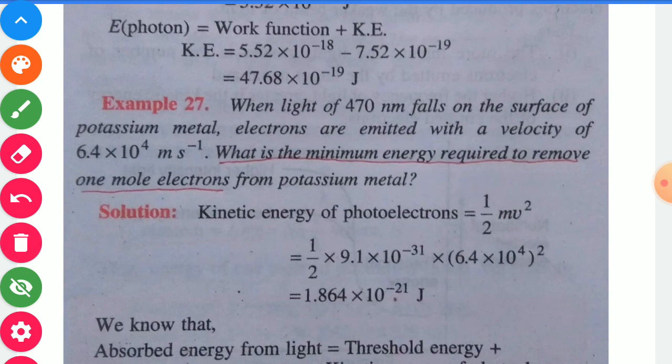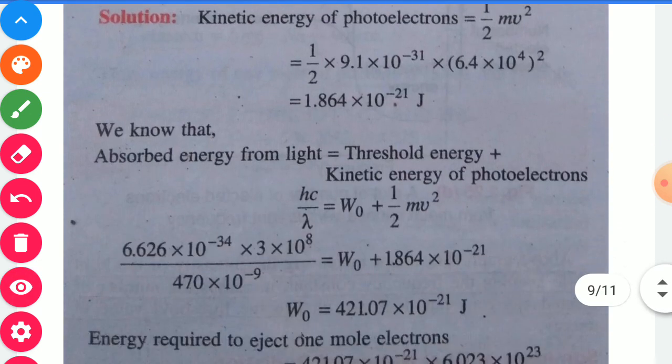As we know, the absorbed energy, meaning the energy of light incident on the metal surface and absorbed by it, is equal to threshold energy plus kinetic energy of the electron.